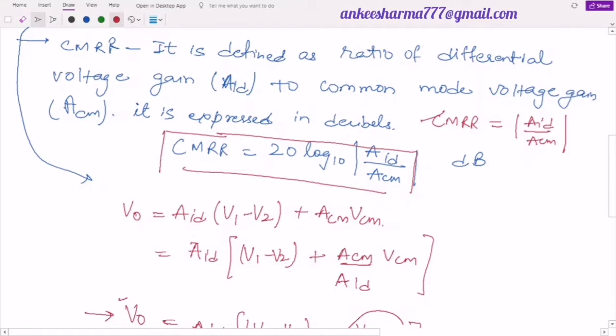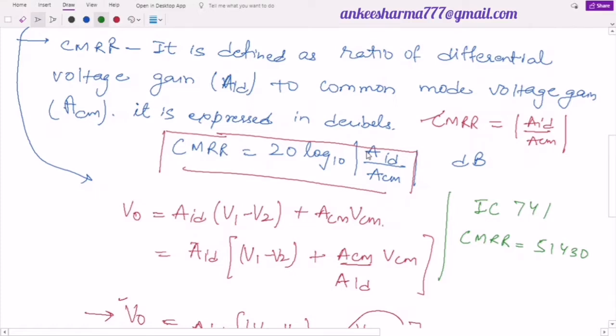Now, let me take an example for your reference. In the case of IC741, which is a very common operational amplifier, the value of CMRR is about 51430. I don't know the exact value, but it is something like it or approximate to it.